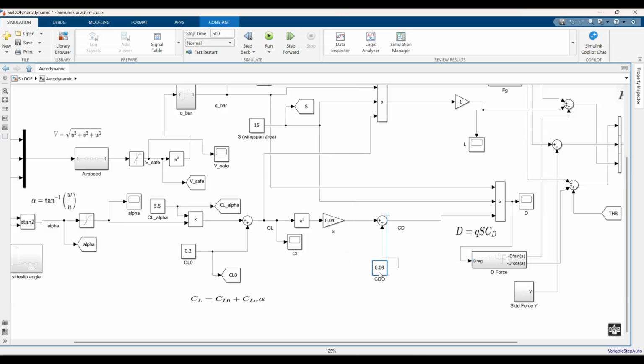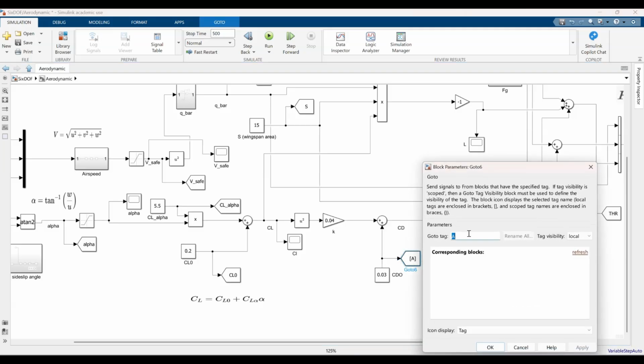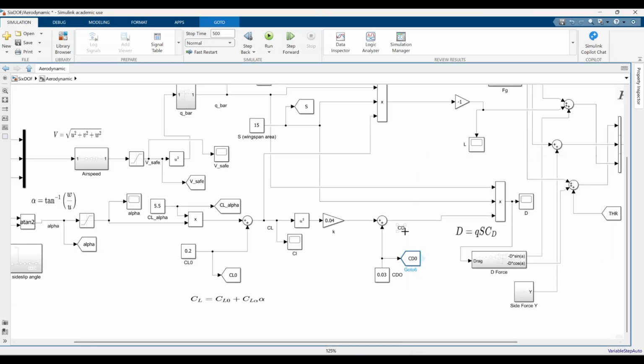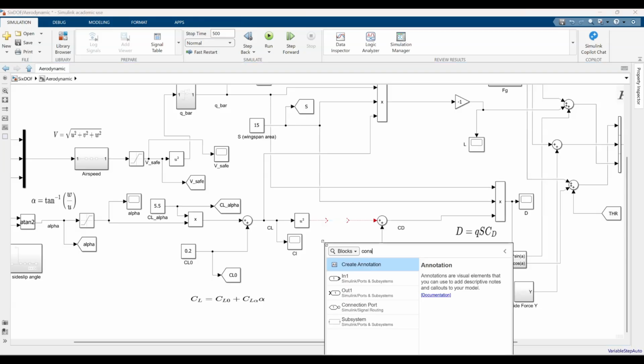Okay, let's get our CD. You can use Control plus R to rotate CD. Okay, and now go to block here will get us CD. If I can connect it properly, there you go. Okay, and then CDO tag visibility global. Perfect. And then this K, same workaround. So let's get rid of the gain block.